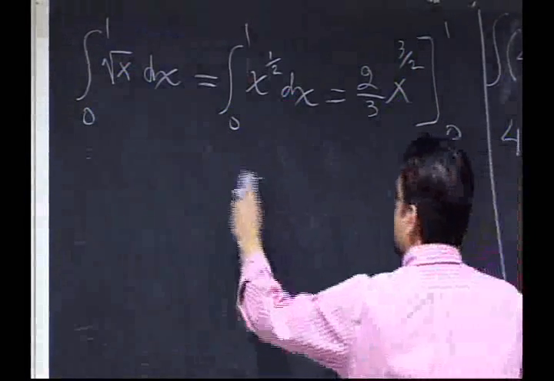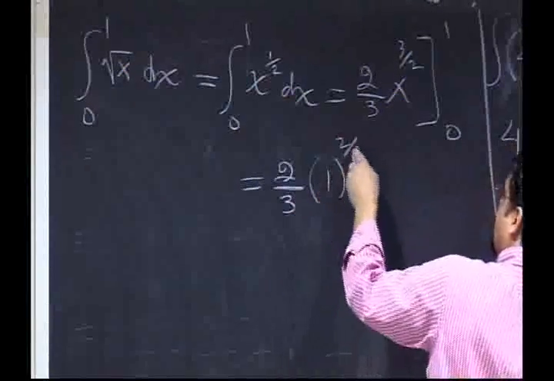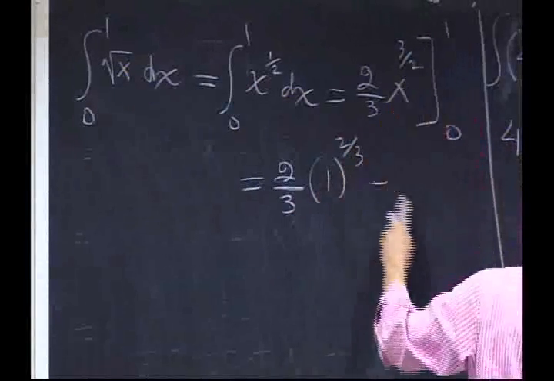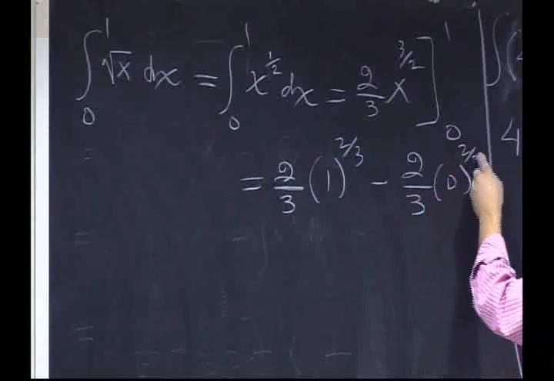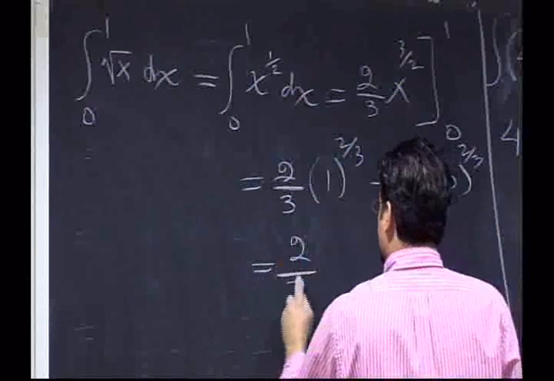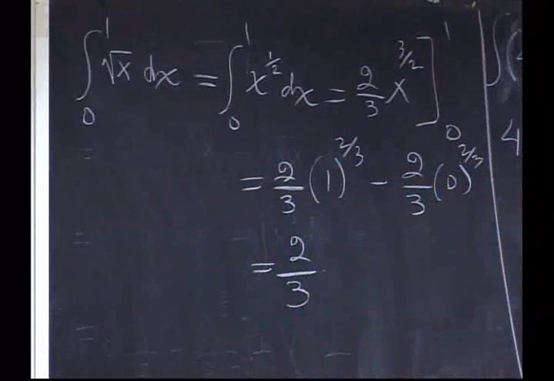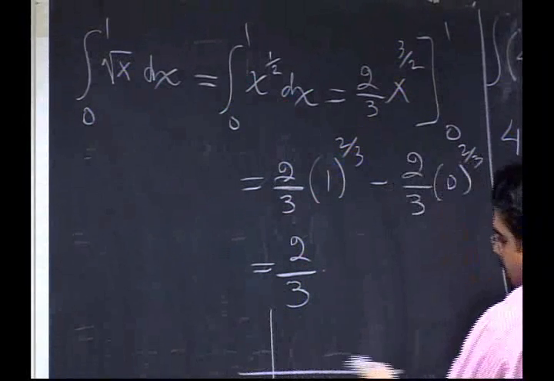So what that means is I can evaluate this function at the upper limit of integration and at the lower limit of integration, and I subtract the two. 2/3. The square root of x is a non-negative function.